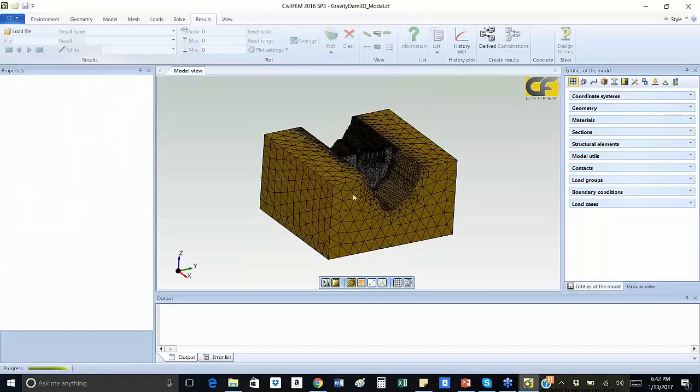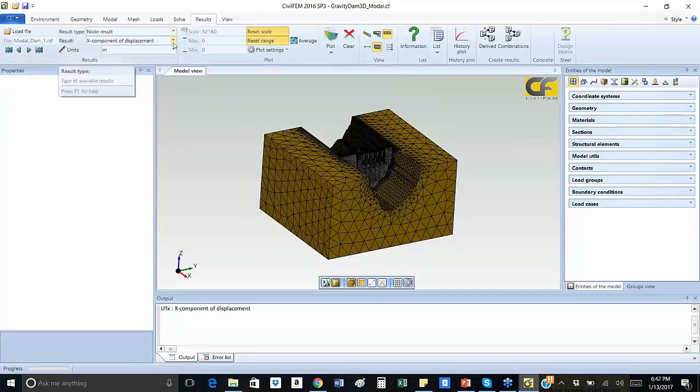I'm going to load the first mode, which is the fundamental mode.